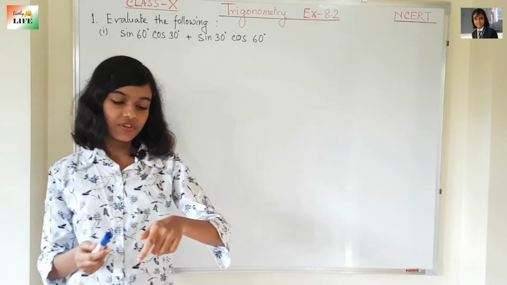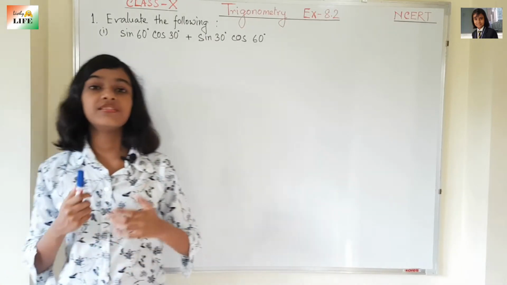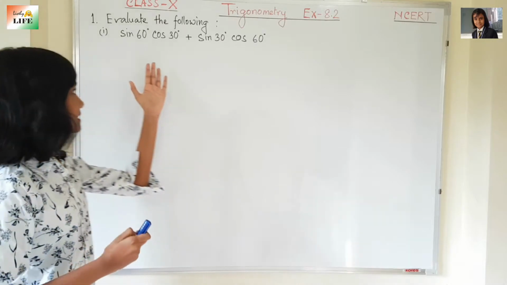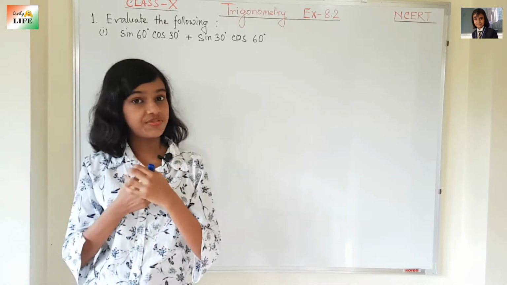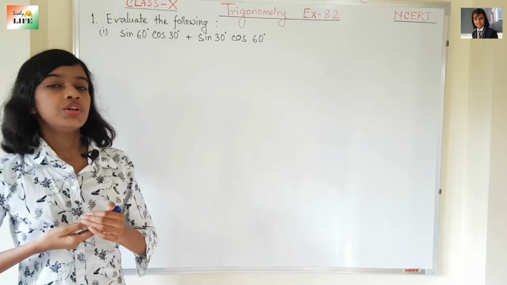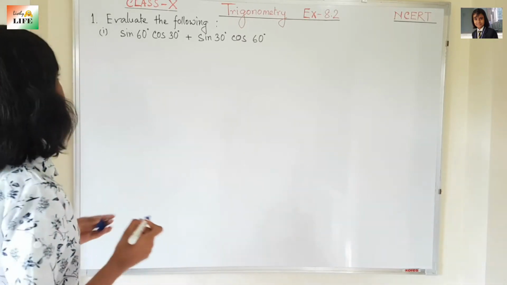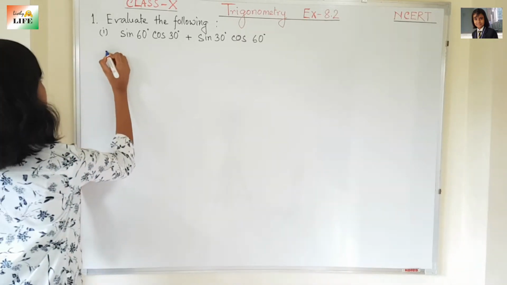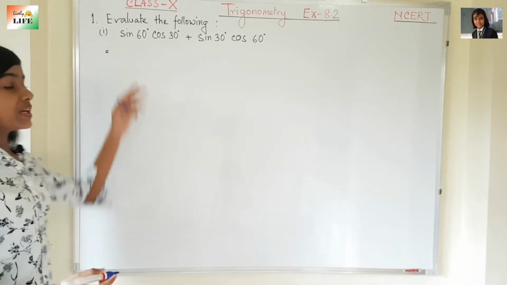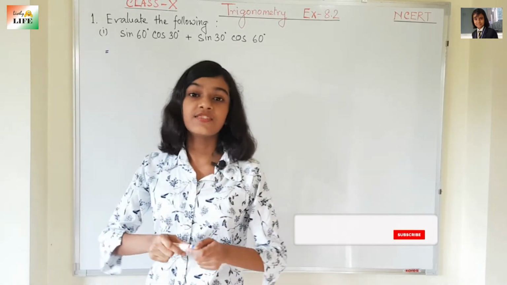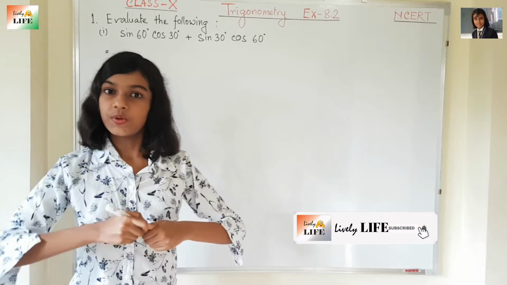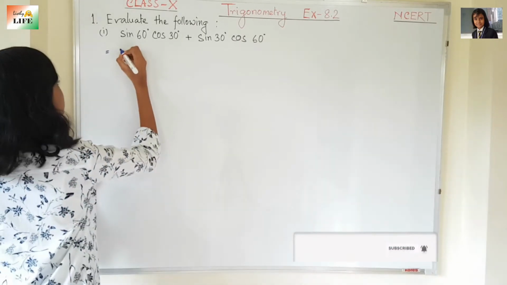So in the previous video we have already discussed the values of sine 60, sine 30, sine 45, right? So today we are going to solve these questions with those values. So let's solve this one. What is sine 60? Sine 60 was root 3 by 2, right?